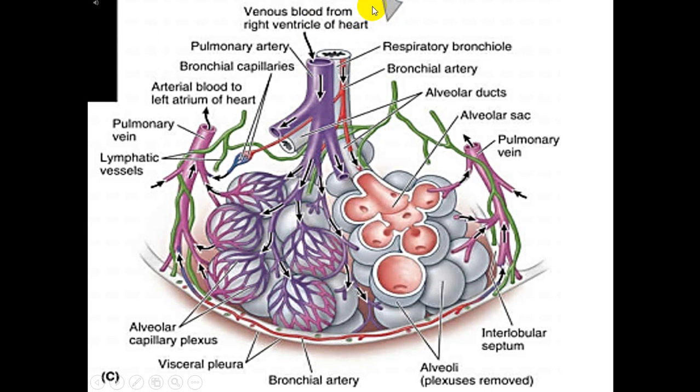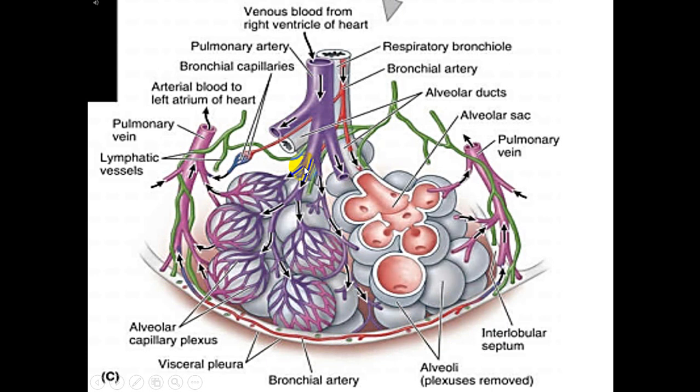But here at the segmental level, the capillary plexus formed by the bronchial arteries drains into the pulmonary veins present in the intersegmental region. And in the distal part, the bronchial vessels anastomose with the branches of the pulmonary artery, and also along the inner surface of the pleura, they anastomose with each other.